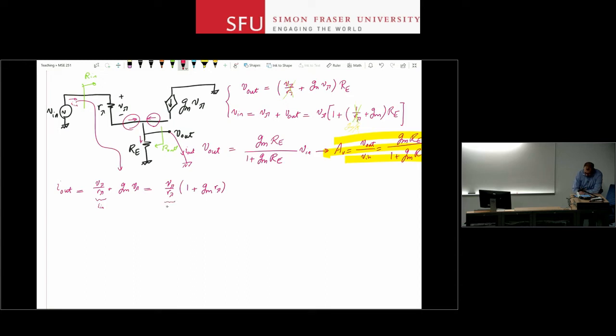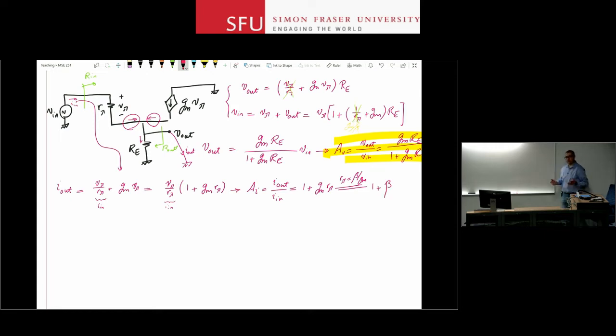And this is my I in. So from here I can see that my current gain, which is I out to I in, is 1 plus GM R pi. And then noting that R pi is beta over GM, this is 1 plus beta.